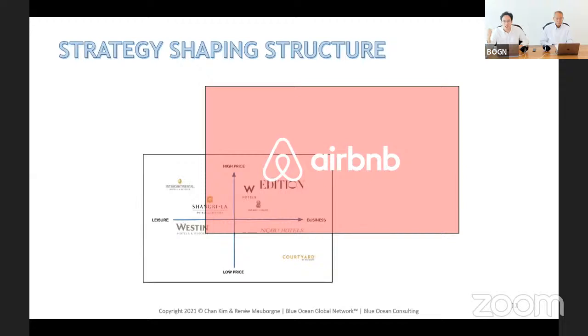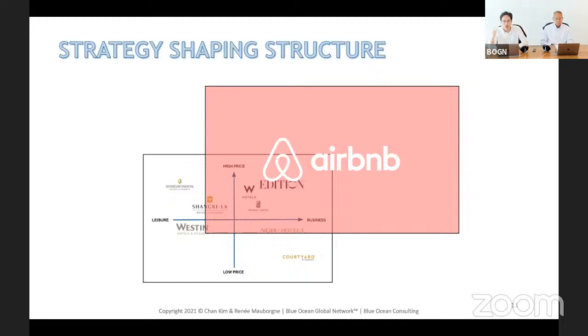And this chart here illustrates this concept, because you can see that had Airbnb played in the same industry space as those companies that you saw earlier, they would have been trapped. They could either play in the leisure segment, business segment. They had to differentiate themselves, either offer to very cost-conscious customers or offer to premium, high-spending customers.